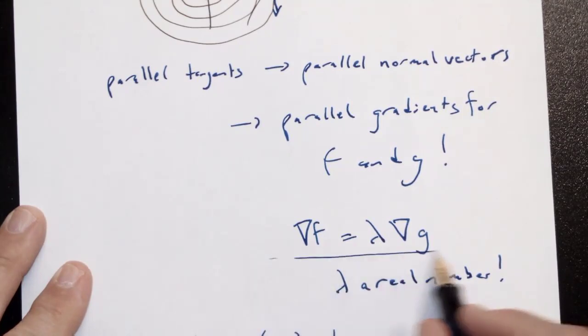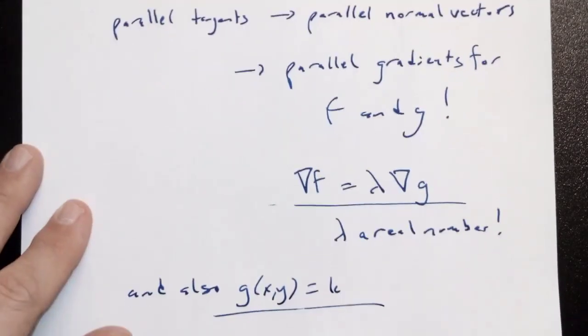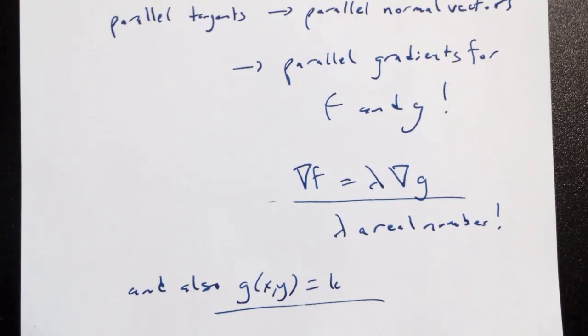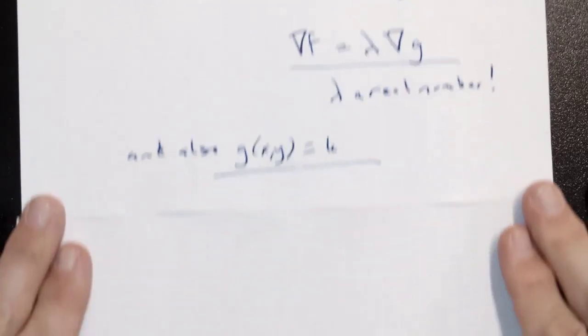So I'm going to have to solve simultaneous equations to figure out where my gradients are parallel and where my point is on the curve. Now, this sounds absolutely psychotic, but here's an example.